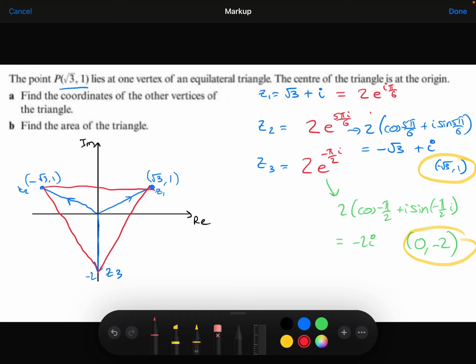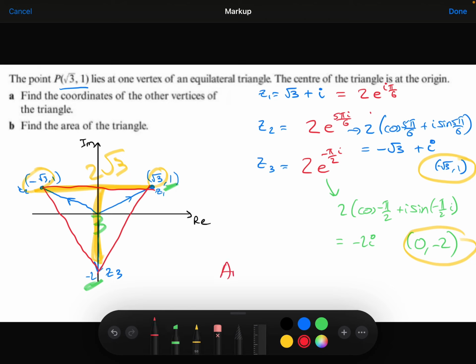Well, in this case, it's quite easy because we can just do base times perpendicular height divided by 2. The base is the difference between those x coordinates, so that's going to be 2 root 3. The height is the difference between these y coordinates, so it's going to be 3.